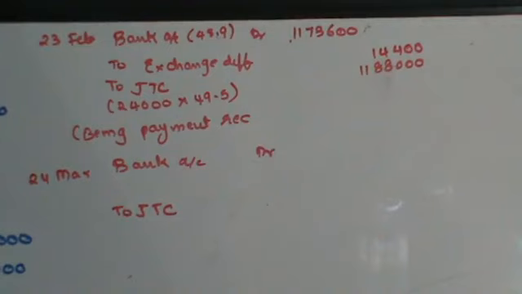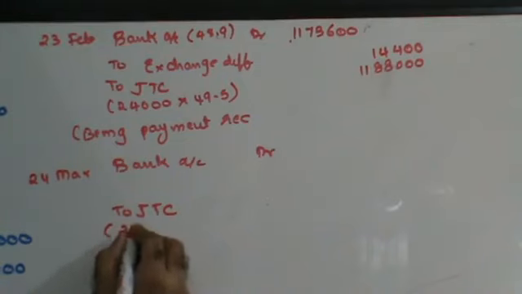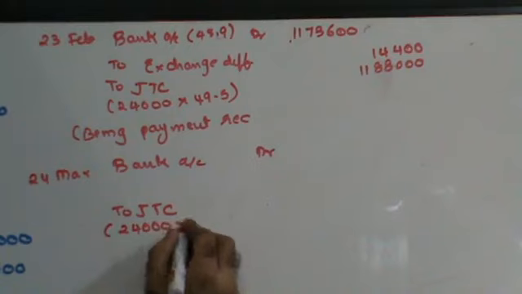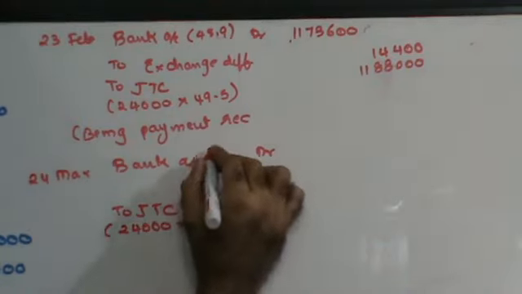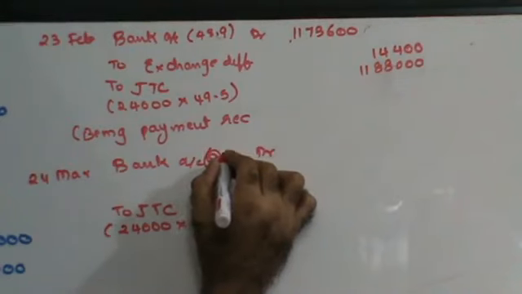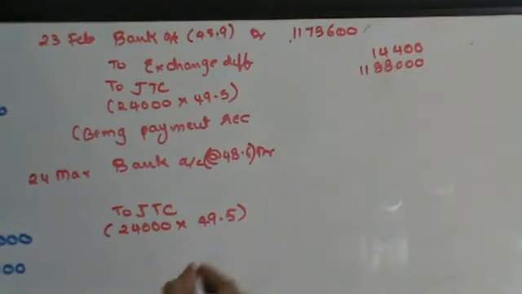Now, on 24th March, again you are receiving payment. You are receiving a payment of $24,000. You had sold at the rate of 49.5, and you are receiving payment at the rate of 48.6. Right? Someone tell me the figures.